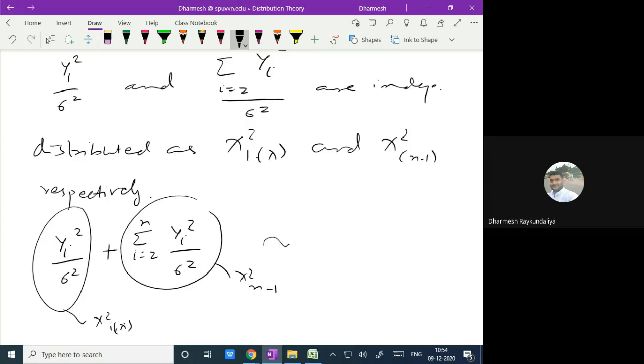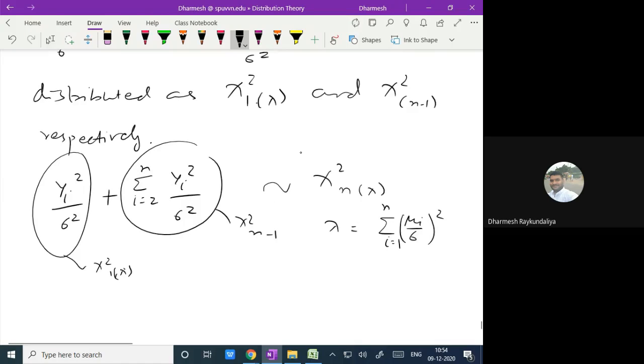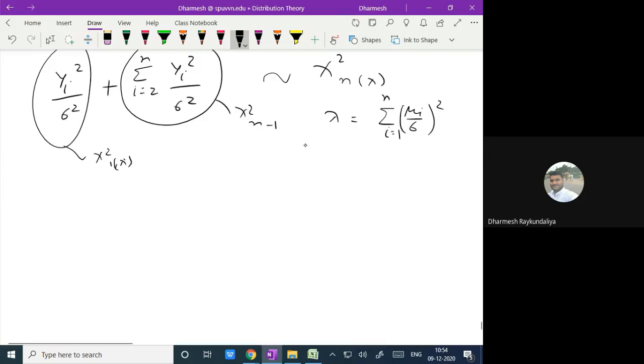Using that theorem, the sum has a chi-square with 1 plus n minus 1, that is n degree of freedom, and non-centrality parameter lambda, where lambda is equal to summation mu i square upon sigma square, i running from 1 to n. And what is this quantity? This quantity is nothing but summation xi minus, what is that?